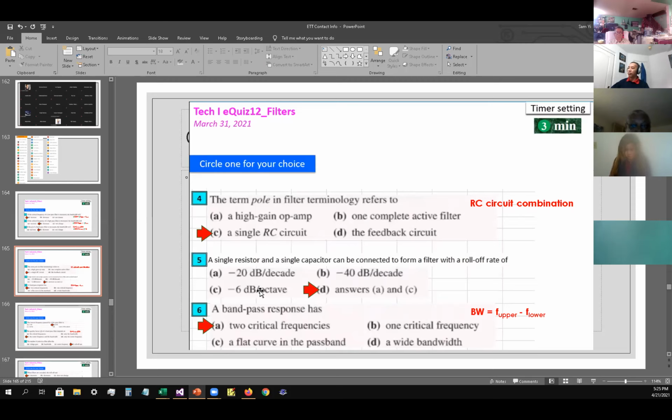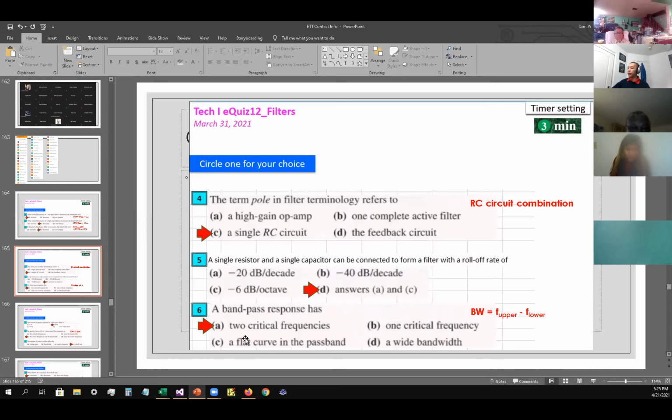You can interpret it both ways. For negative 40 dB, that has to be 2 resistors and 2 capacitors, so that would be the 2 pole, which would be B, but they only ask for the single. Therefore, A and C are correct, so the answer would be D.